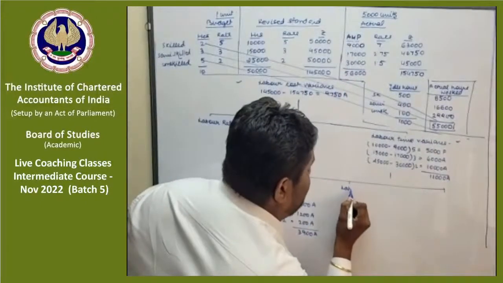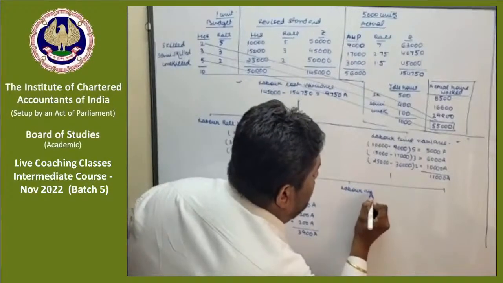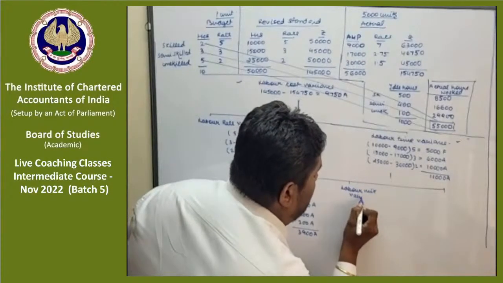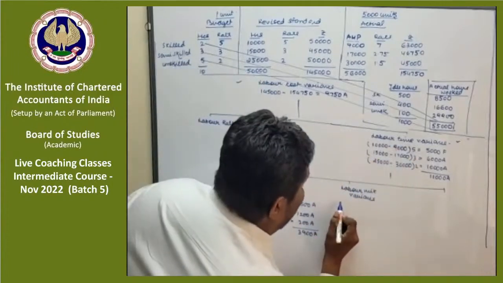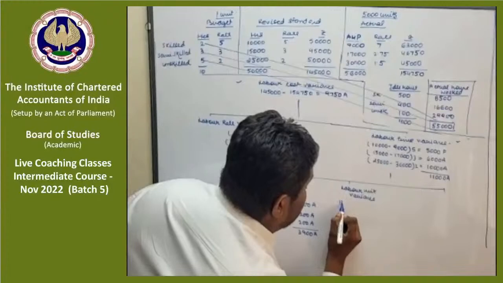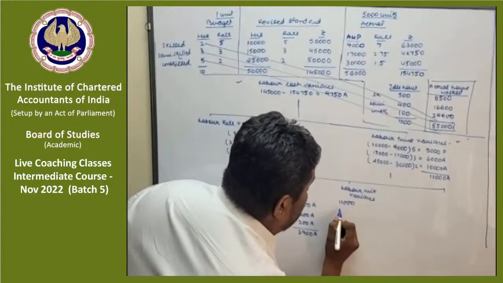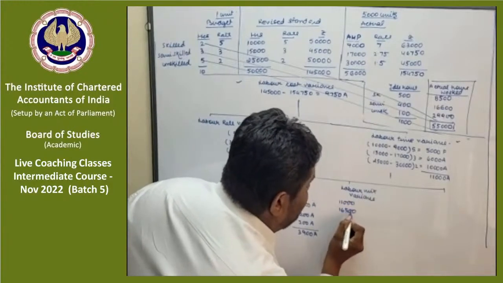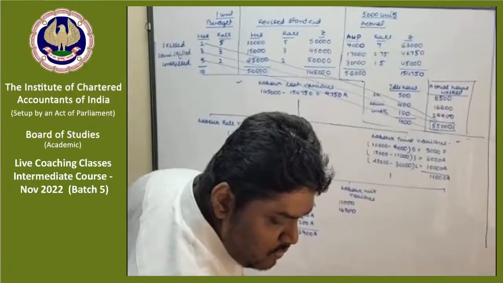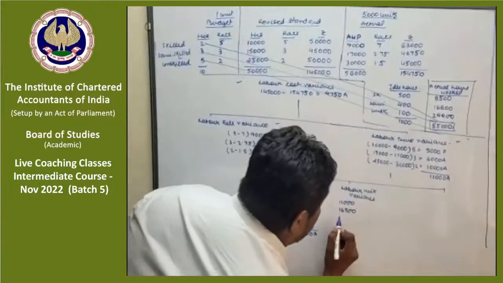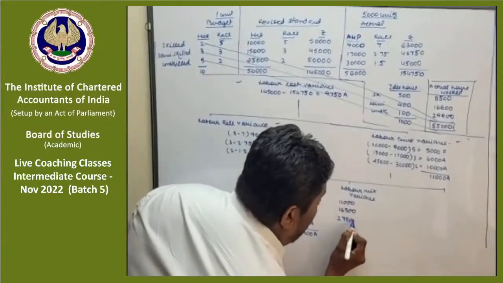So labor mix variance, 55,000 into 2 by 10. So this will be 11,000, 16,500. This will be 27,500.